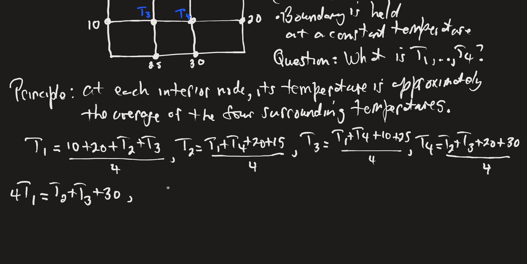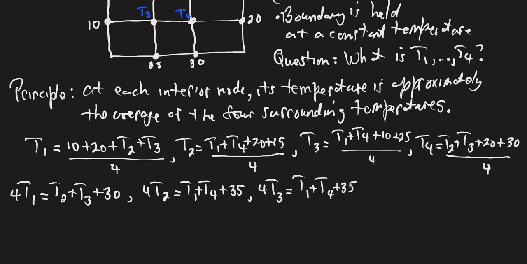Our second equation would be 4t2, and then that will be t1 plus t4 and plus 35. Equation 3 is 4t3, and then that's equal to t1 plus t4, and then we'll have 10 plus 25, so that's 35, like that.